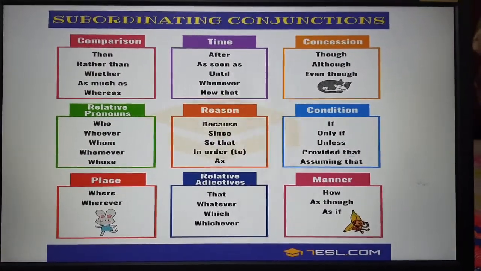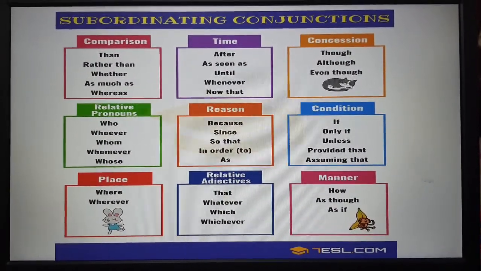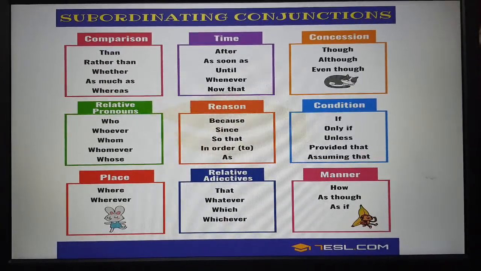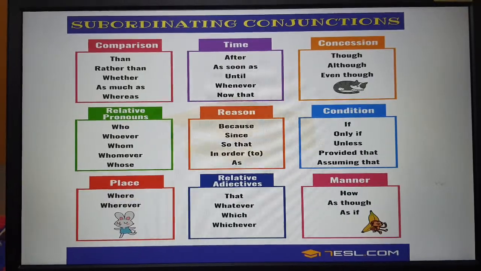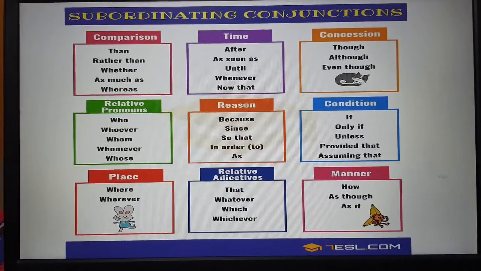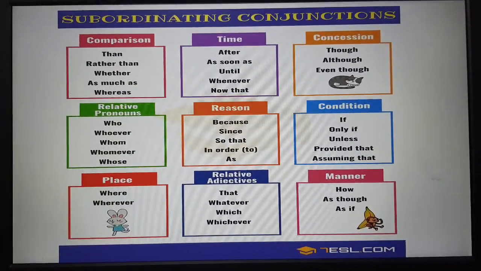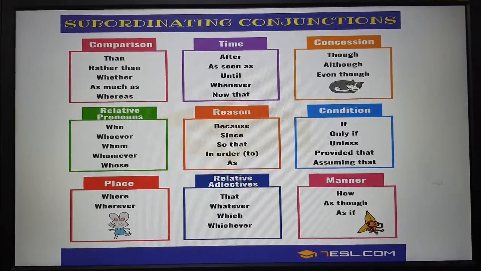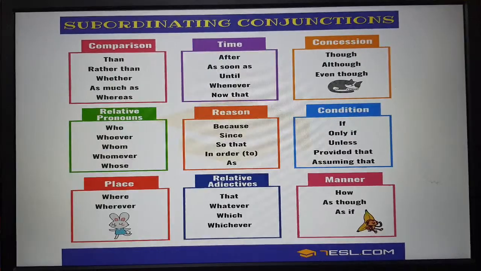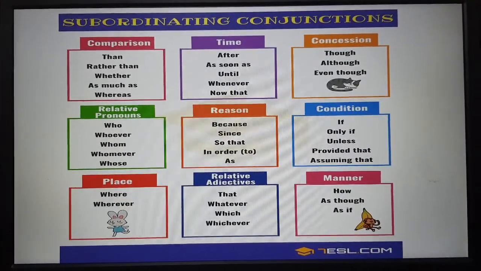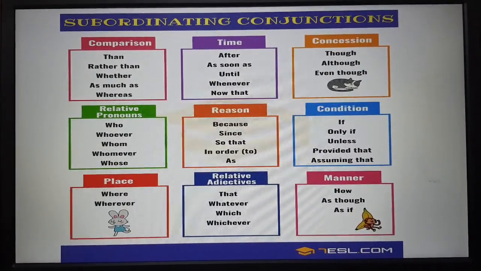So, a few subordinating conjunctions. I have compiled all of them here in this picture, so it will be easy for you to remember at what time which subordinating conjunction is to be used. For comparison: than, rather than, whether, as much as, whereas. For time: after, as soon as, until, whenever, now that. Concession: though, although, even though.